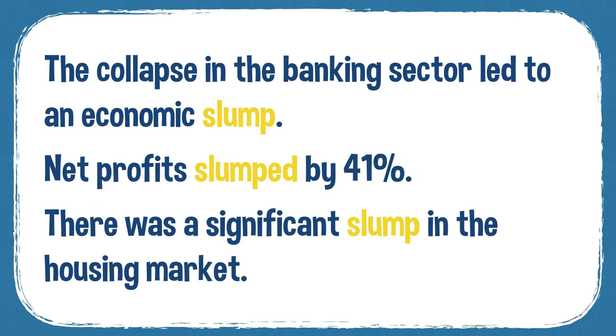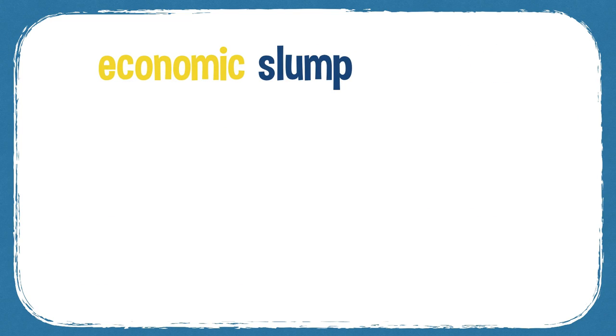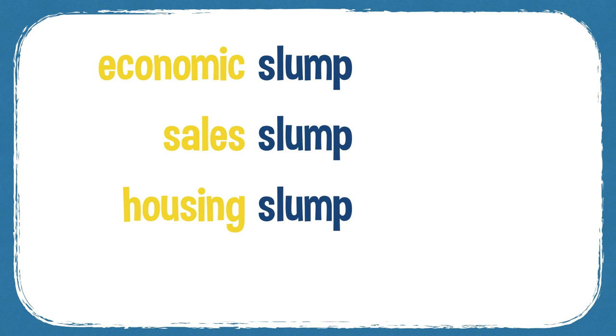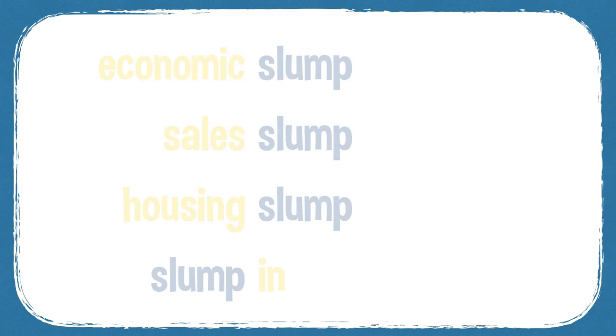There was a significant slump in the housing market, so things went down. Housing prices went down. So we talk about an economic slump, a sales slump, housing slump, and a slump in something. So a slump in housing, a slump in sales, a slump in the economy.